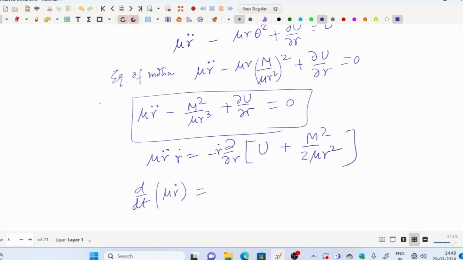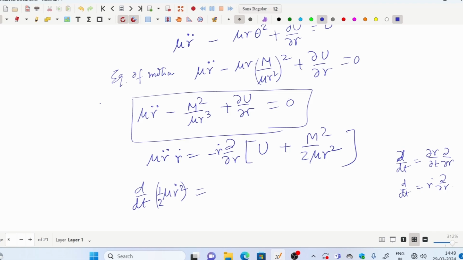So, the left hand side I can write d/dt of half mu r dot square, that will give you mu r double dot times r dot. And for the right hand side, I can write d/dt is dr/dt times del by del r, so d/dt can be written as r dot del by del r.